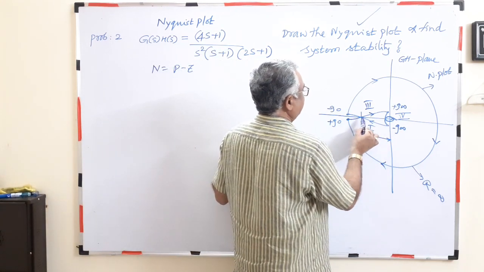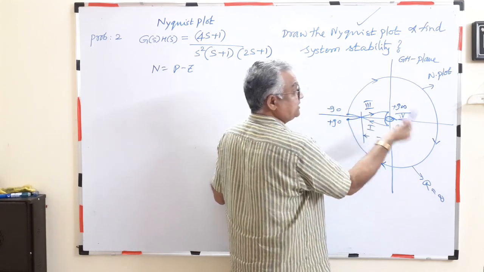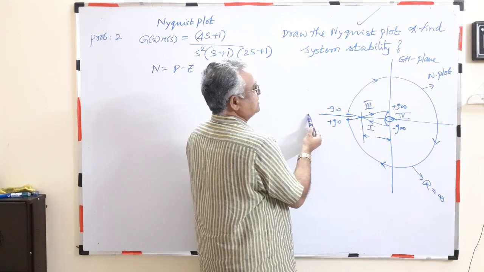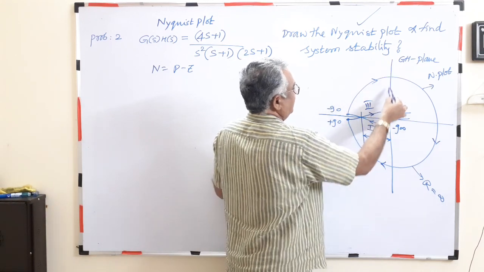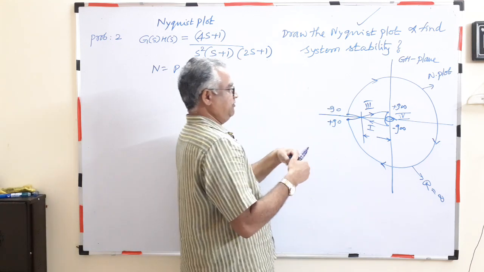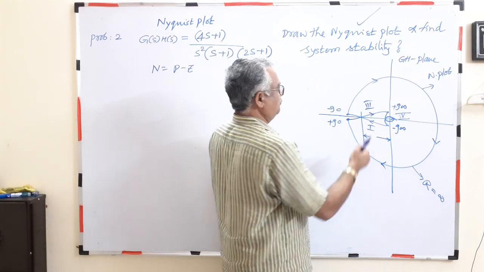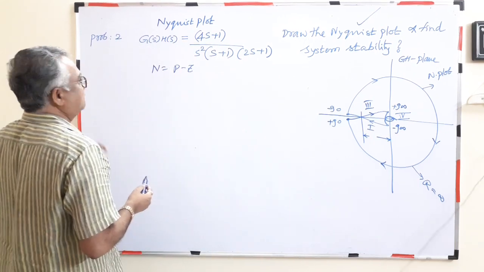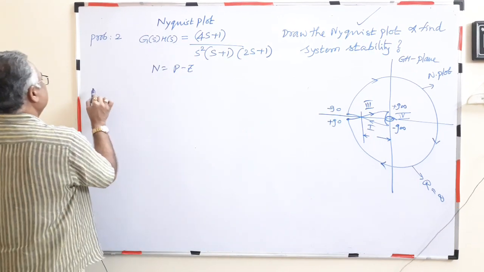When it is intersecting the real axis, what is imaginary? 0. What is the imaginary value on this axis? 0. What is the real value on this axis? Not 0. So by equating the imaginary part to 0, we determine this real part. That takes careful simplification.